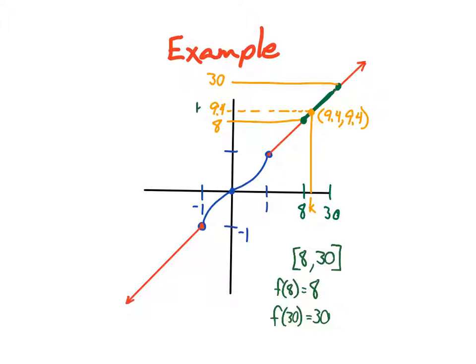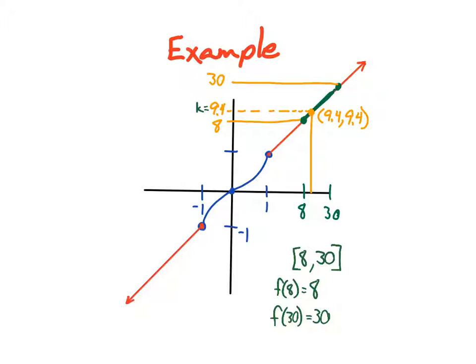So now I picked a random number, 9.4. It's between 8 and 30. And I have one error I want to fix. I should not have labeled this k down here, because k is the y coordinate. So it should be 9.4. K is 9.4 right here.